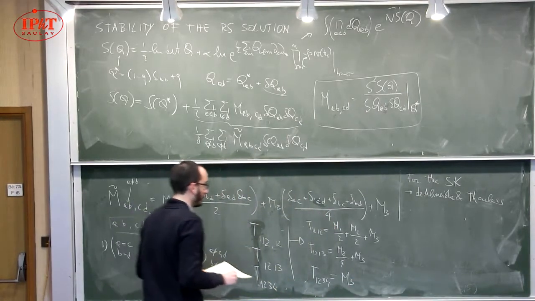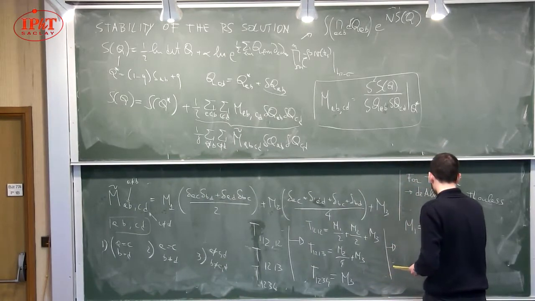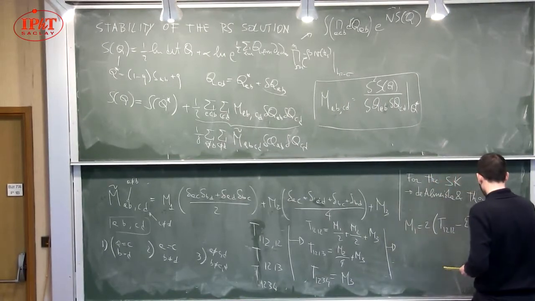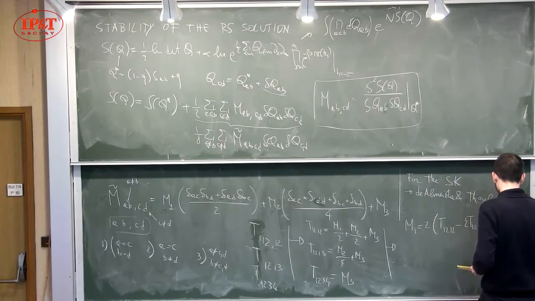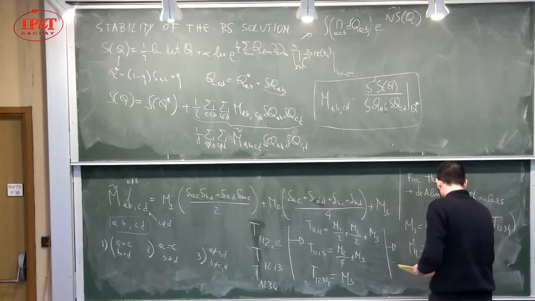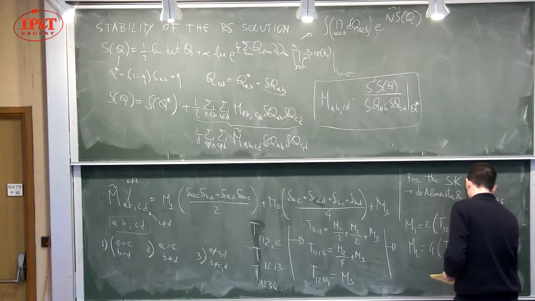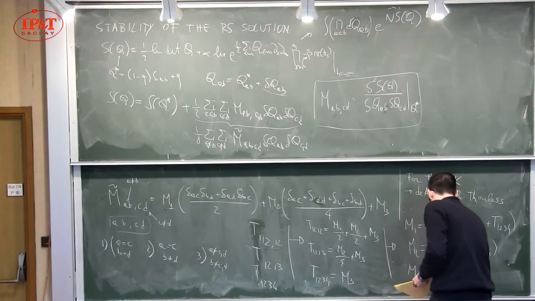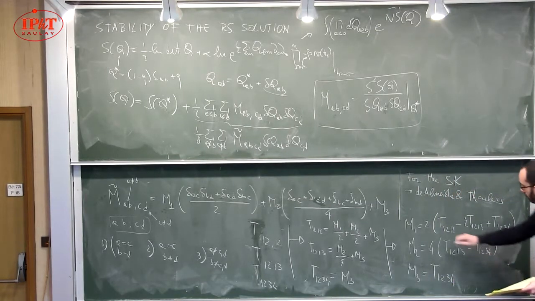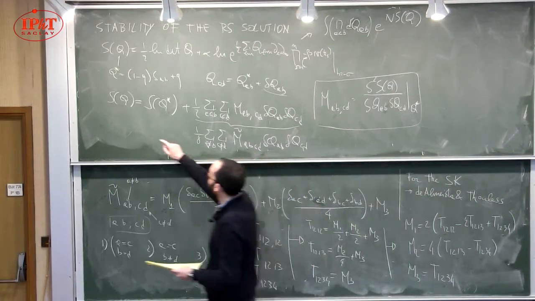And so you can just invert this in order to get M1 that is equal to 2 times. So we need just to compute these terms that are just derivatives of S of Q.